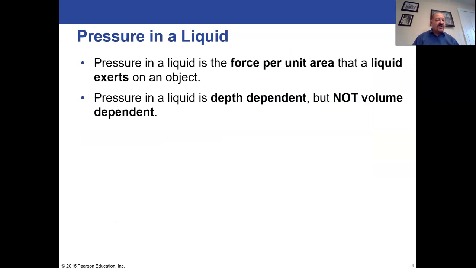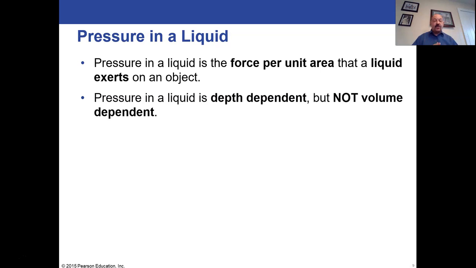So let's talk about pressure in a liquid. And this is a little harder to comprehend than pressure in a gas, but pressure in a liquid is still force per unit area that the liquid exerts on an object. And that could be the liquid exerting on an object in the liquid or the walls of the liquid. So that's the internal pressure. And it's depth dependent. So it's not volume dependent.